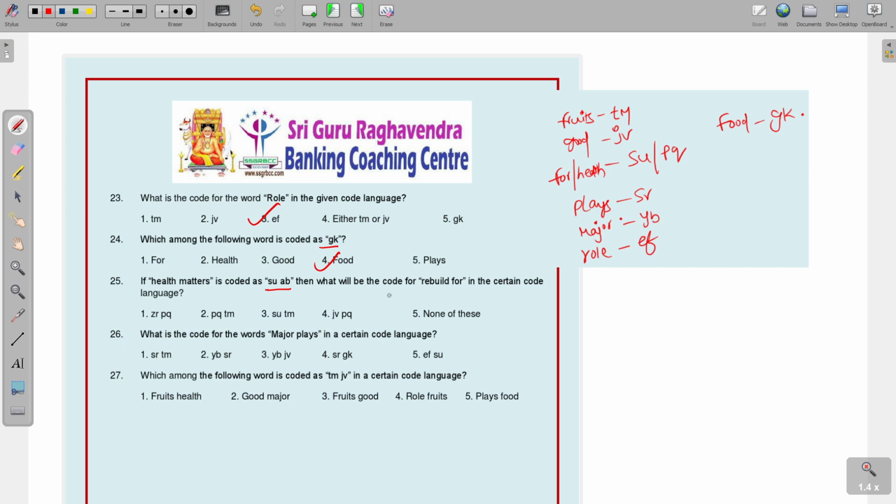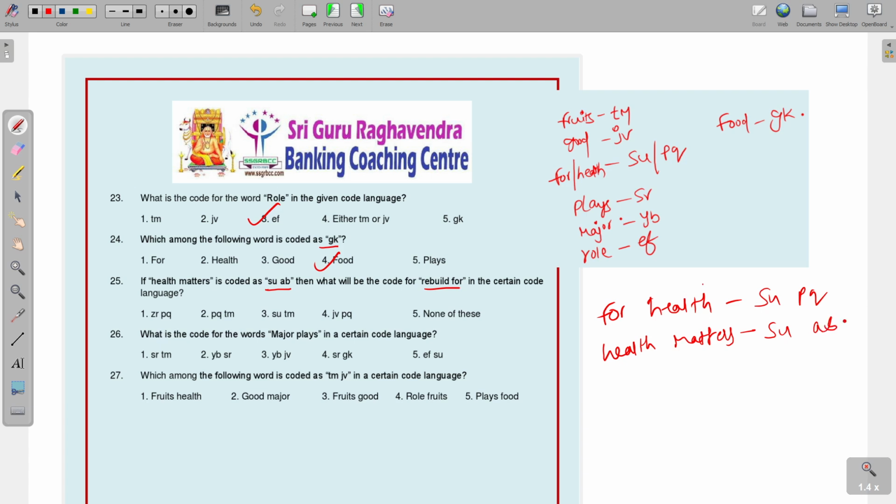Then what will be the code for rebuild for? So see, already we know that for and health are coded as SU and PQ. Then health and matters is SU and AB. For health is coded as SU and PQ, and next, health and matters is coded as SU and AB.